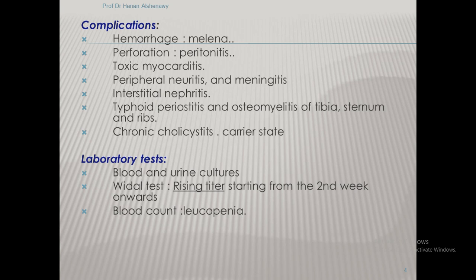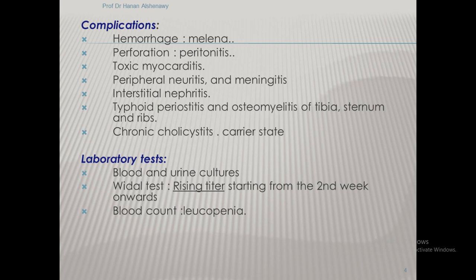How can we diagnose typhoid fever? For sure, blood and urine culture, but cultures appear only after at least 3 days, so we want an immediate test. The immediate test here is the Vidal test. The Vidal test alone is not a diagnostic test, but the rising test is the diagnostic one.